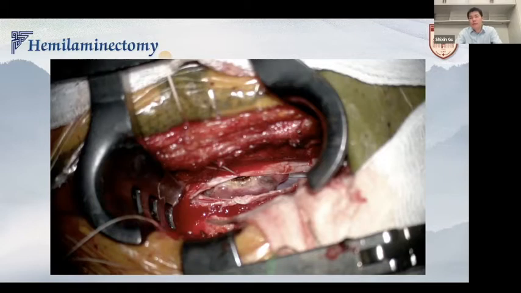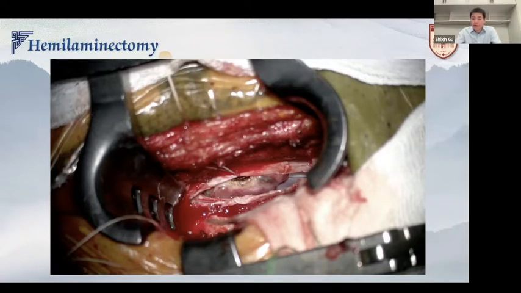Is this method possible? I think it can, but I personally don't recommend it. Why? Because the sealing of the dura mater is a very critical factor for preventing CSF leakage after the operation.